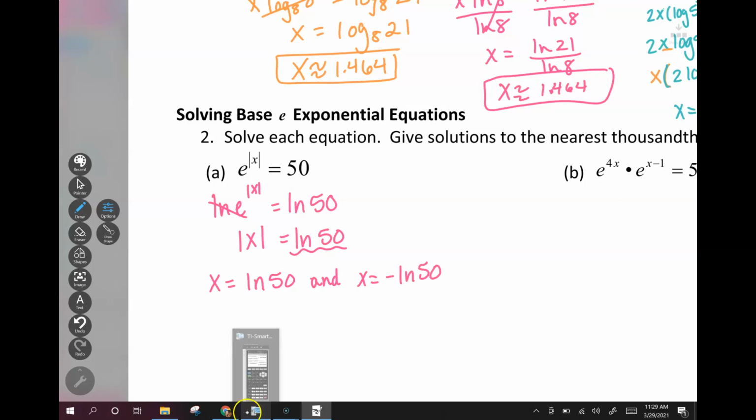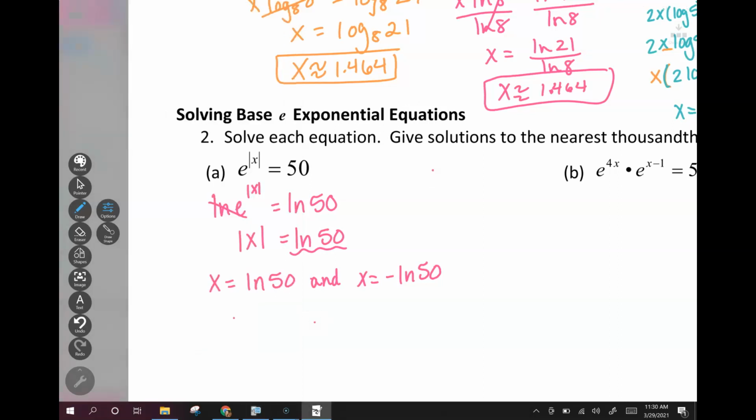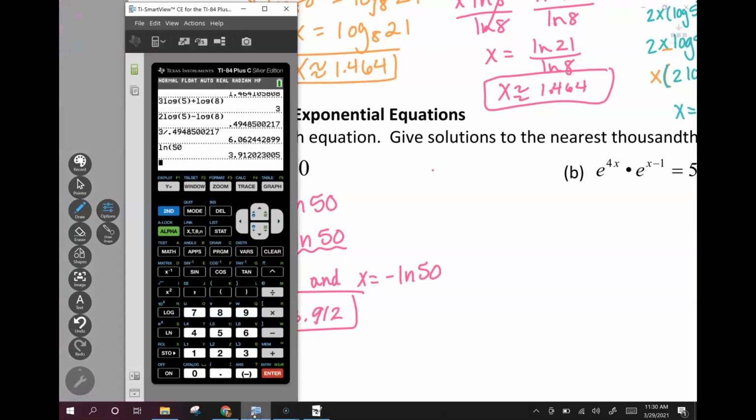Rounding to the nearest thousandth, so let's get ln 50 in our calculator. Okay, 3.912. So x equals positive or negative 3.912.